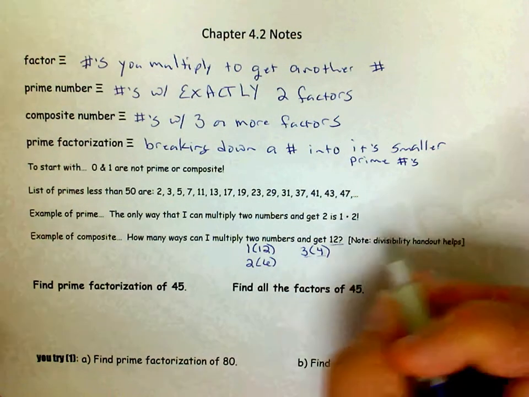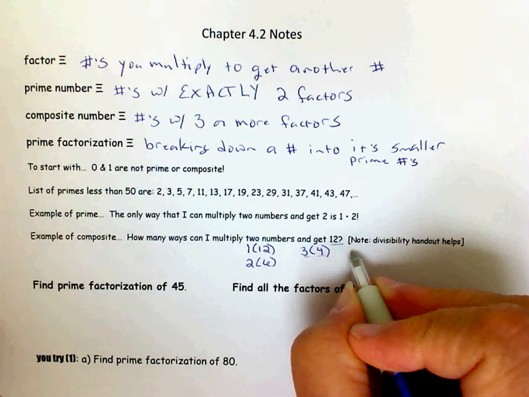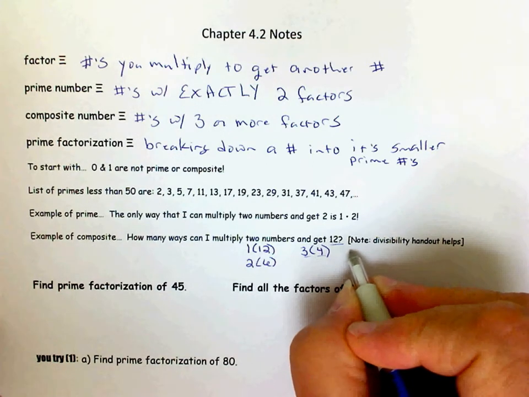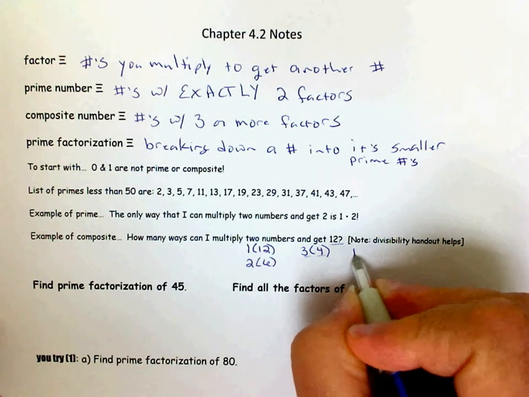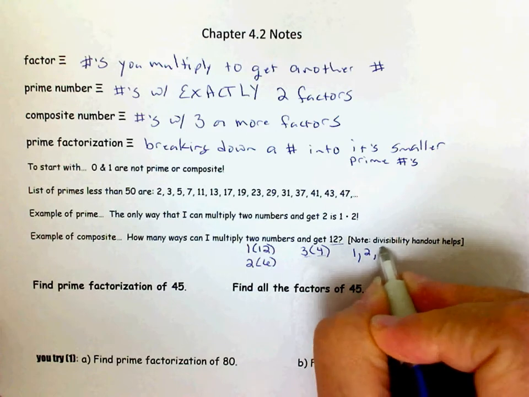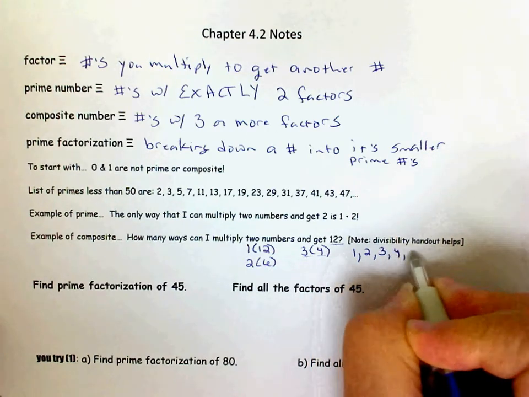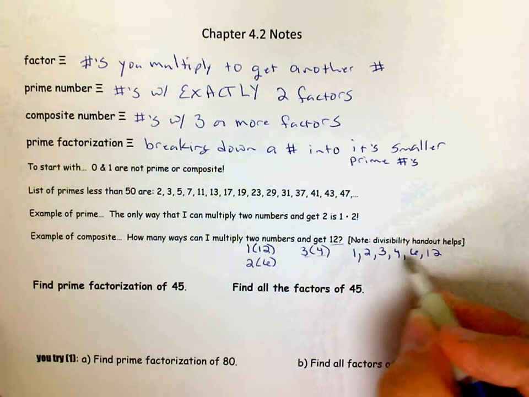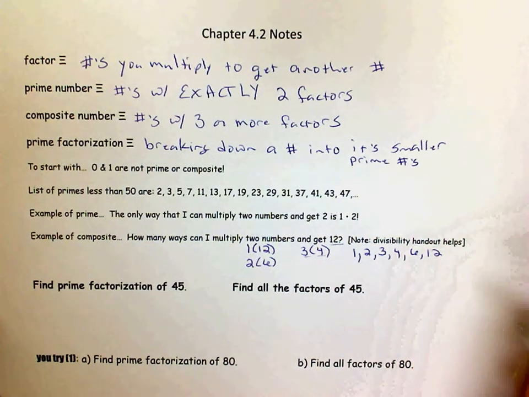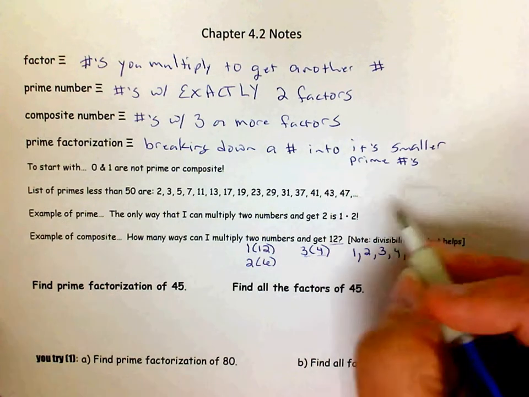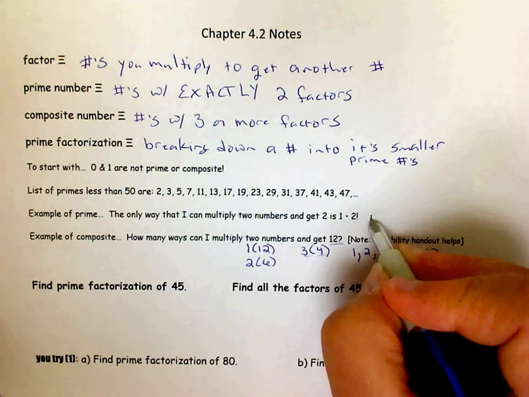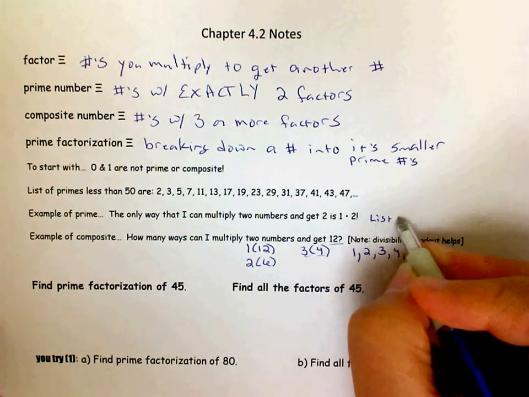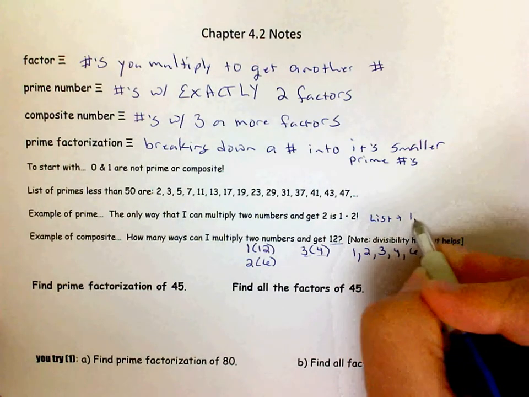So if I list my factors of 12, I get 1, 2, 3, 4, 6, and 12. Obviously, there's more than 2 in this list. But if I list my factors of 2, I only get 1 and 2.